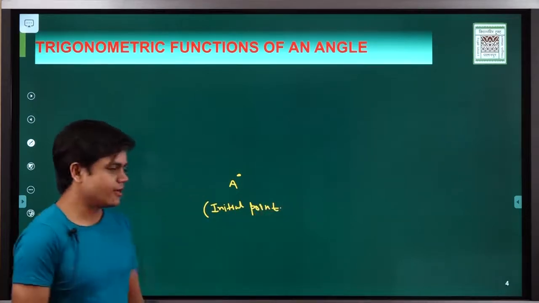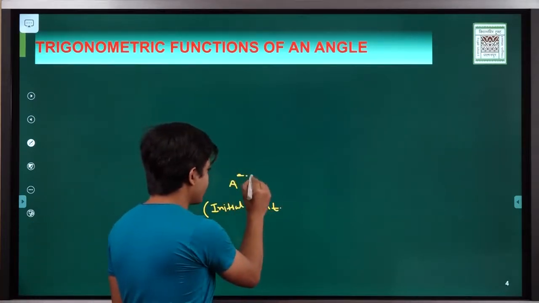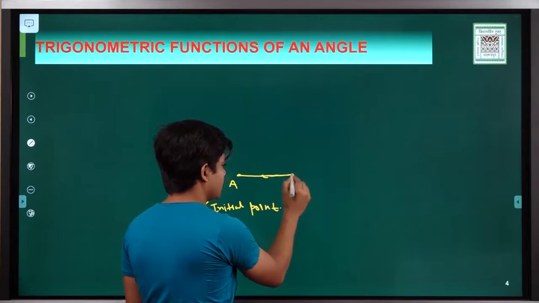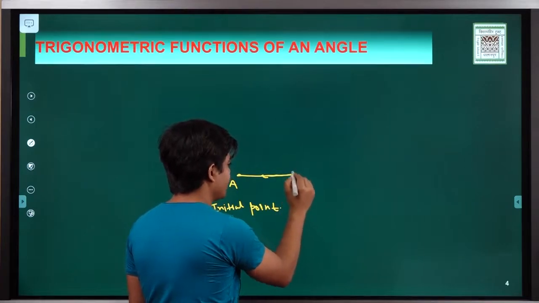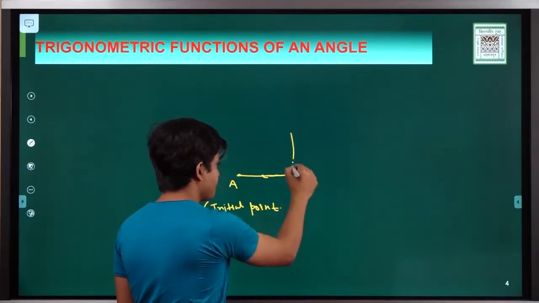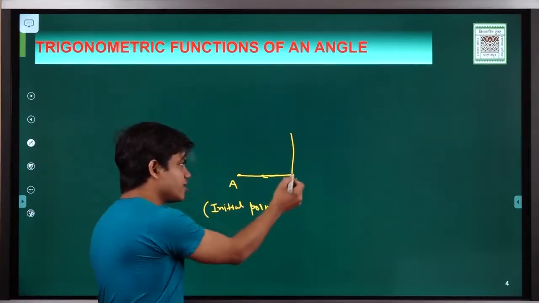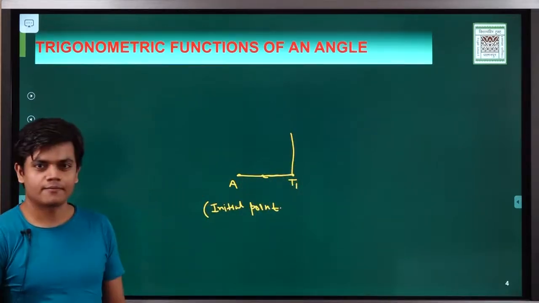Now think in this direction. At this point T1 there is a vertical tree.